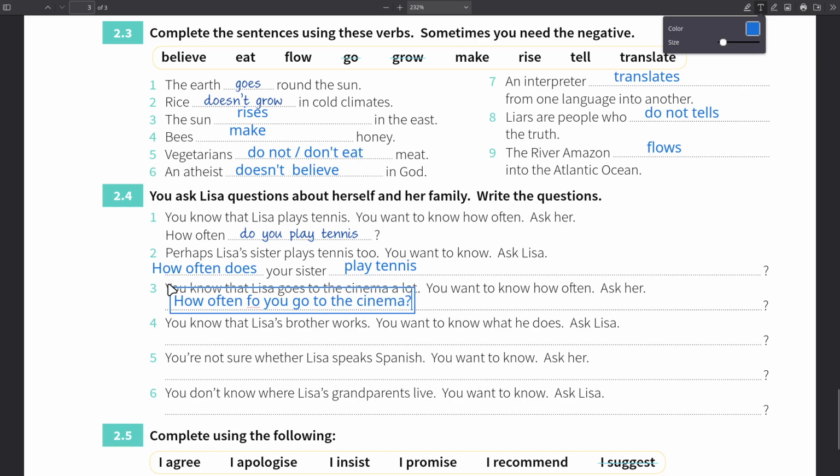What's the difference between the second and third question? In the third question, we are asking directly to Lisa, like, how often do you go to the cinema. But in the second question, we are asking about Lisa's sister.